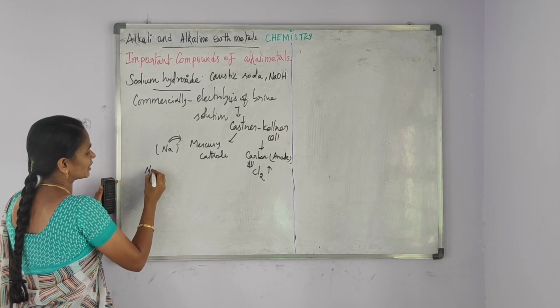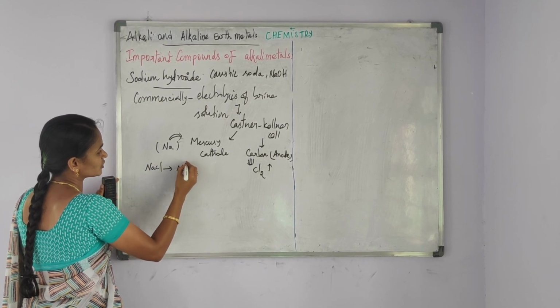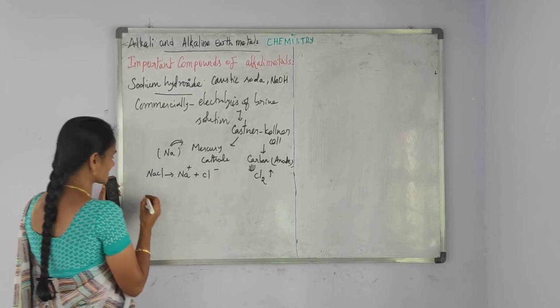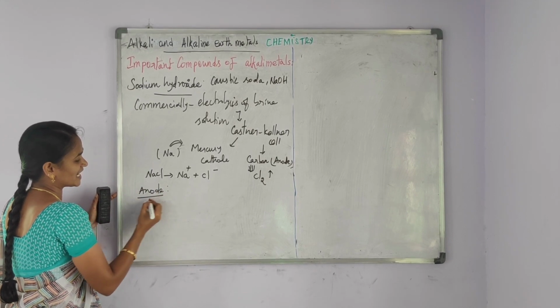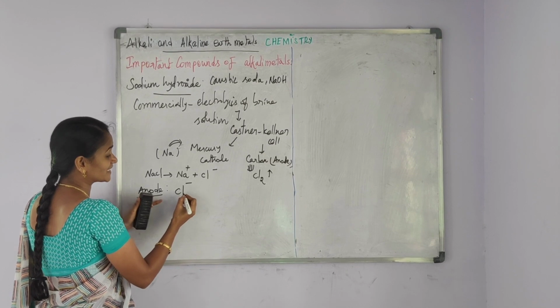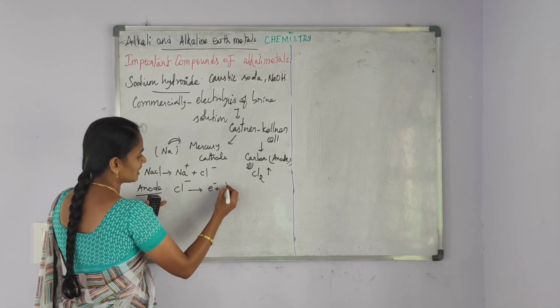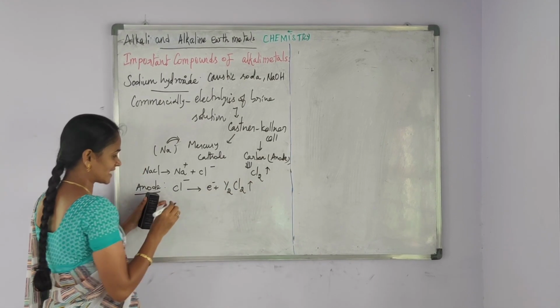Due to the electrolysis process, sodium chloride dissociates into Na+ and Cl- ions. Now, the reaction at the anode: the chloride ion, Cl-, loses 1 electron and is converted into half a mole of chlorine gas.